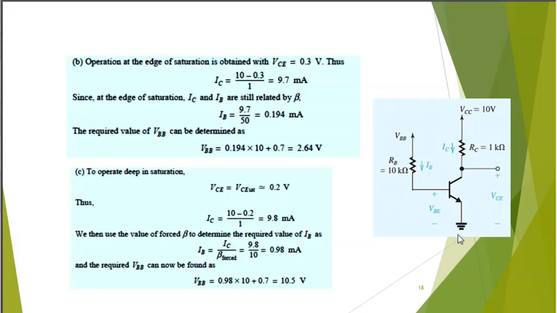Then IB will be how much? 10 minus 0.7 over 10 is going to be 0.93. How much was IC? It was 9.8. So your beta forced will be 9.8 over 0.93. So I just told you the solution all the way. I want you to solve it, bring it on paper, and tell me what is the beta forced in this case.